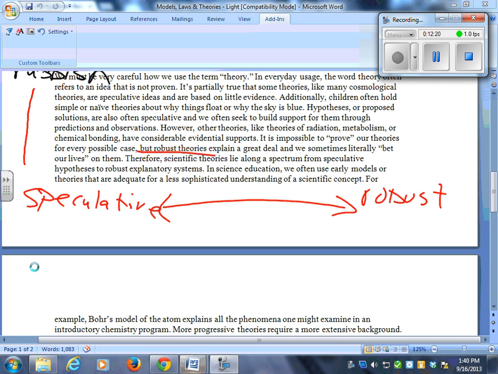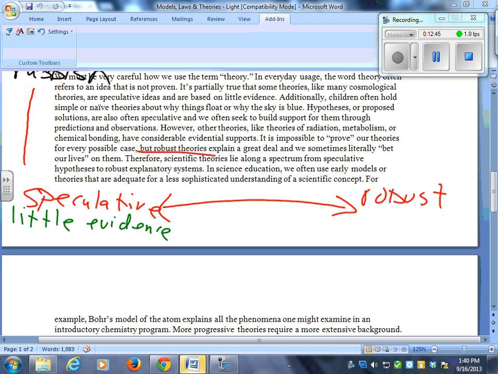Speculative means what? What does speculation mean? Small guess. A guess, you're not really sure. Little evidence. There's not much evidence, it's just kind of a guess.